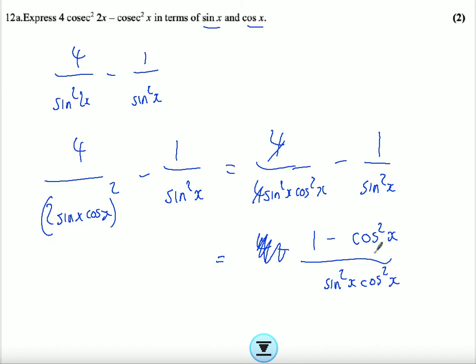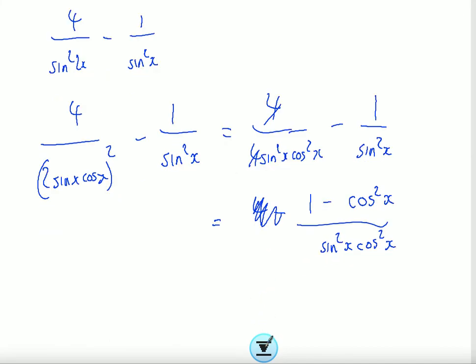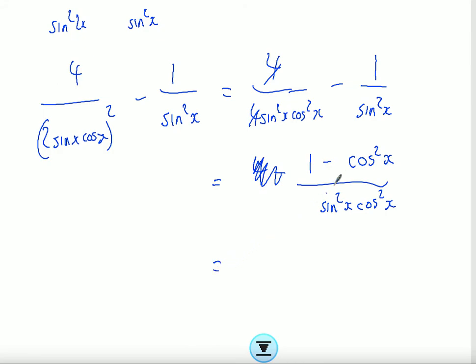And then from that, we can rewrite 1 subtract cos squared x as sine squared x. Sine squared x cancel out, leaving us with 1 over cos squared x. Beautiful.